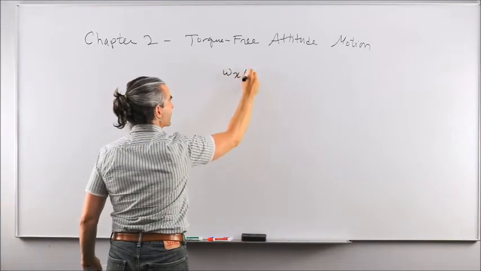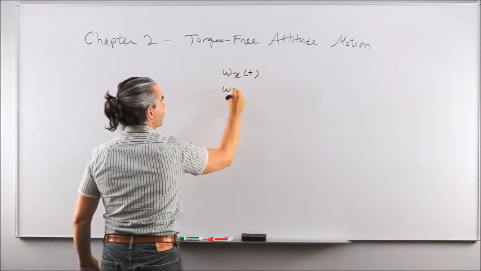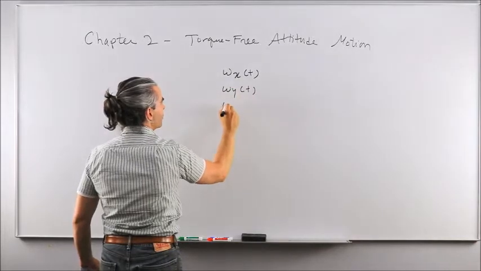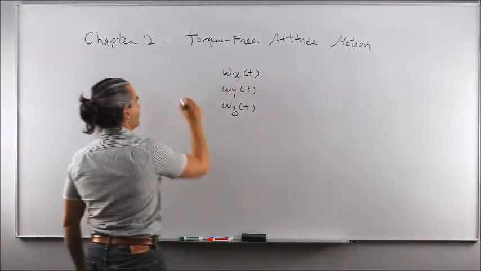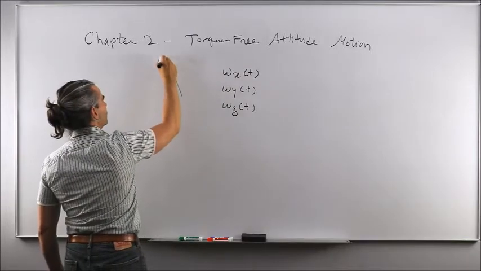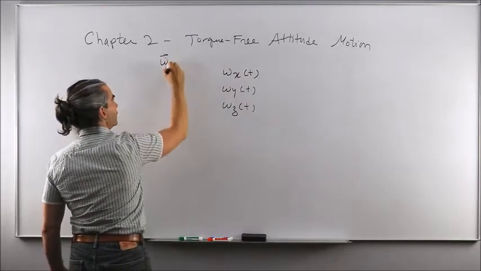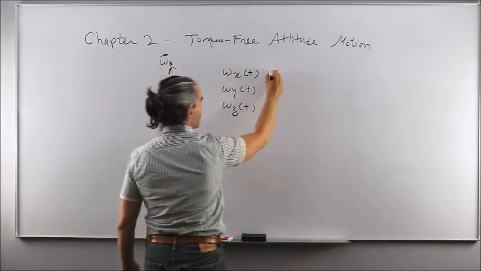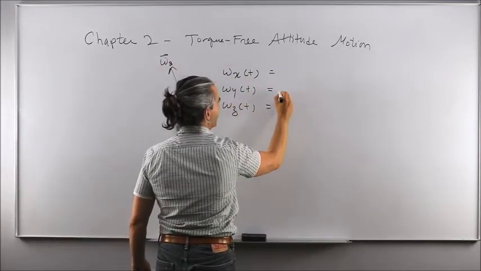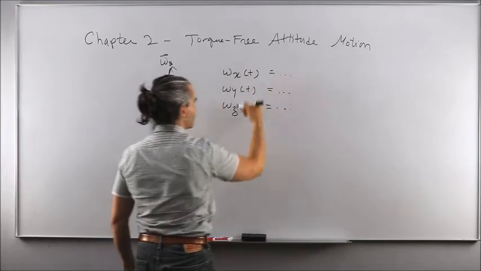So the first thing we're going to do to obtain, at the end of the day, analytical solutions for omega x as a function of time, omega y as a function of time, and omega z, or in other words, the x, y, z components of the angular velocity vector omega of our body fixed reference frame expressed in the body fixed reference frame, right? So we are seeking analytical expressions for those three quantities.